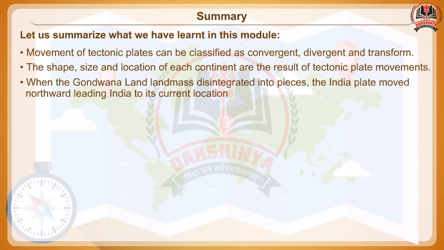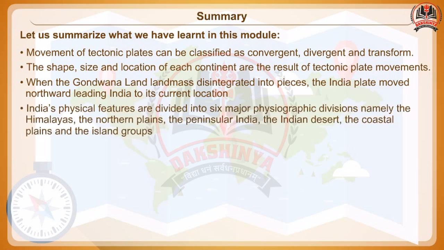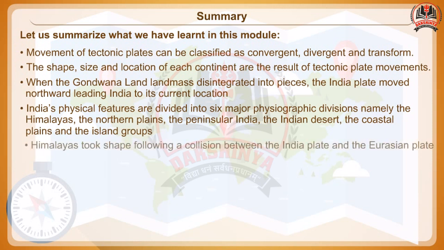When the Gondwana land landmass disintegrated into pieces, the India plate moved northward, leading India to its current location. India's physical features are divided into 6 major physiographic divisions, namely the Himalayas, the northern plains, the peninsular India, the Indian desert, the coastal plains, and the island groups.